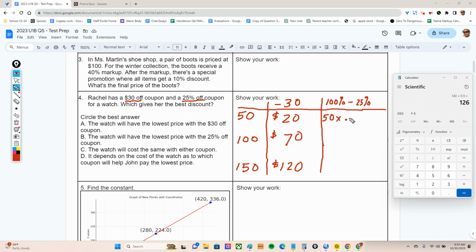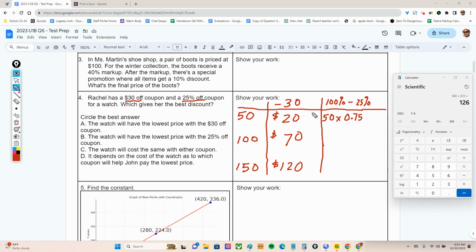times 0.75. And you're supposed to put the 0 in front, because if I do .75, that doesn't look right. It looks like x .75. So technically you're supposed to put the 0 there so that it's clear that it's 0.75 to give some separation.